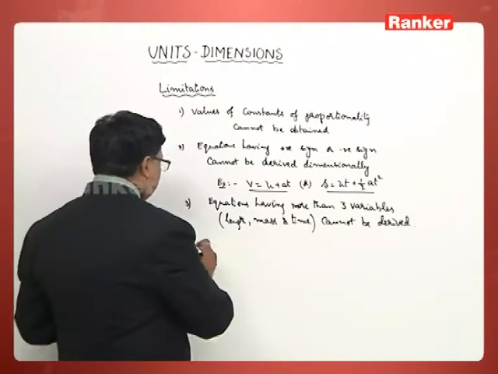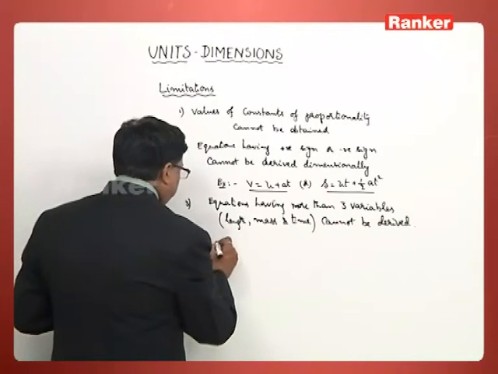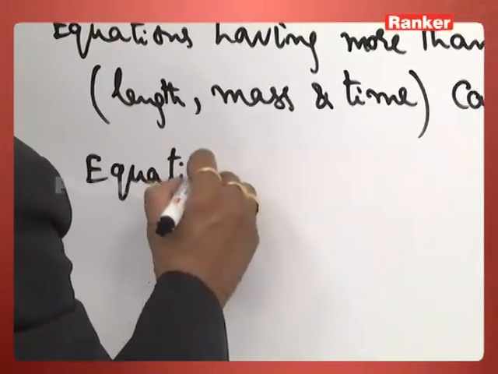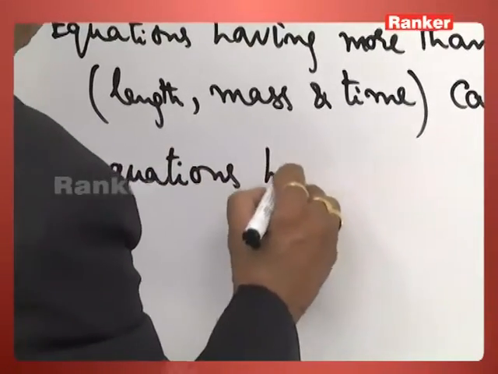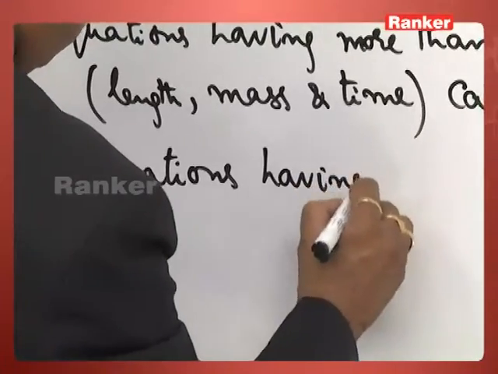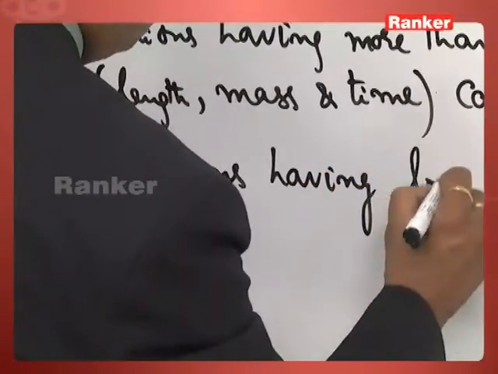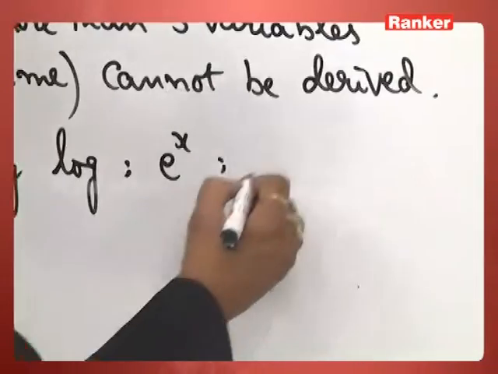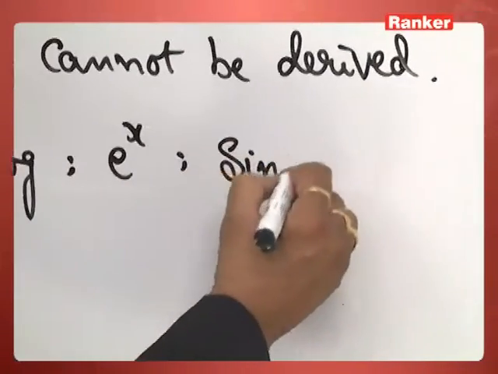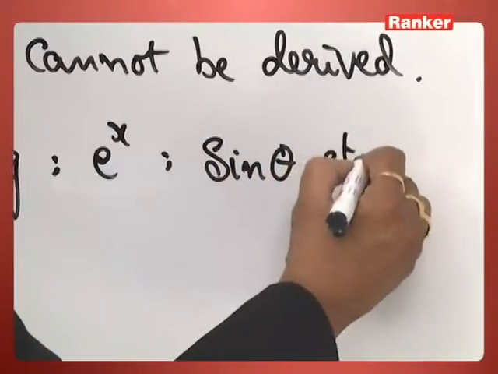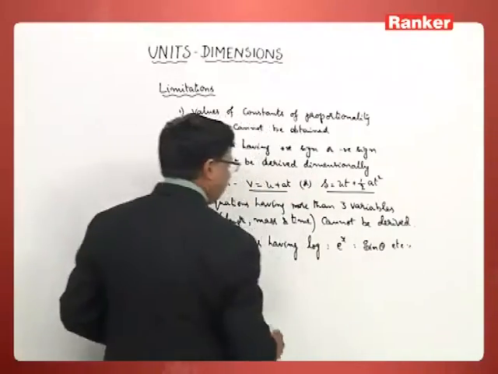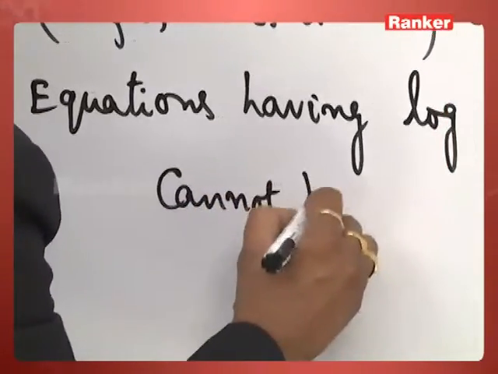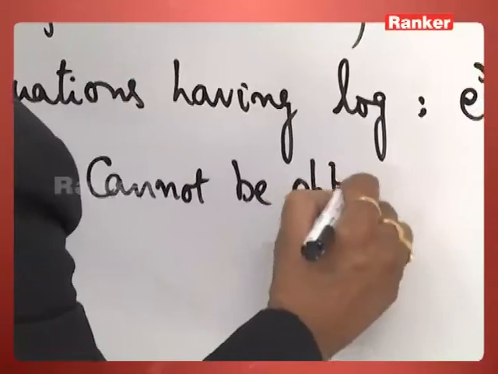Now come to the next one, the 4th. Equations having logarithmic values, exponential functions, trigonometric equations, etc., once again cannot be obtained dimensionally.